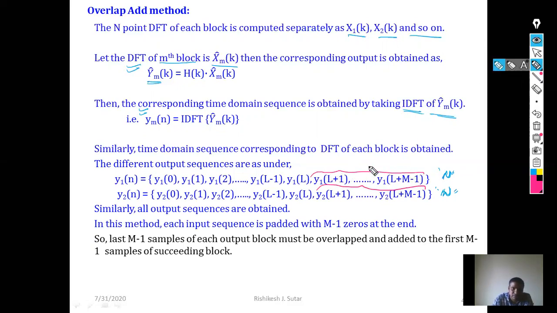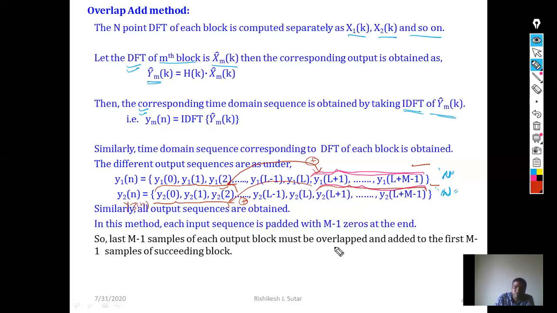So what are the last m minus one samples of the previous block? Means this, and this should be added to the first m minus one samples of the next block. So the last m minus one samples of, let's say, the first block should be added to the first m minus one samples of the second block. Like this, the last m minus one samples of the second block should be added to the first m minus one samples of the third sequence.